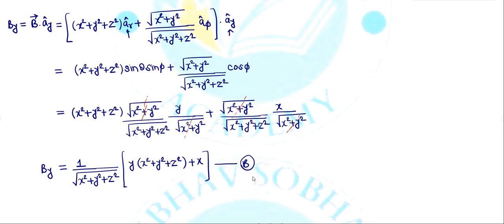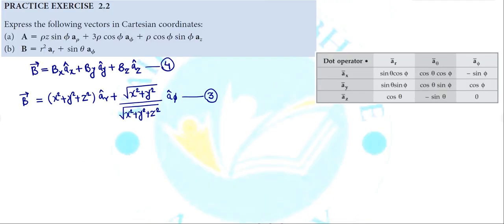Now in similar fashion we are going to find out the value for Bz. So again we are going to make use of equation 3 and 4 along with that vector transformation table, and we are going to rewrite for your Bz value. So what is that Bz? Bz will be your given vector B, which will have the dot product with respect to the unit vector along z direction.